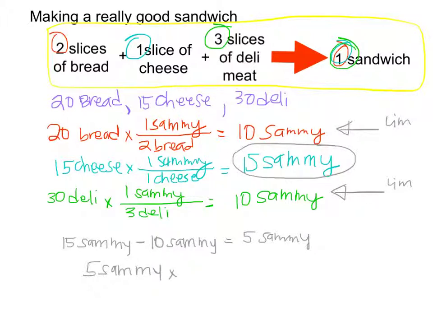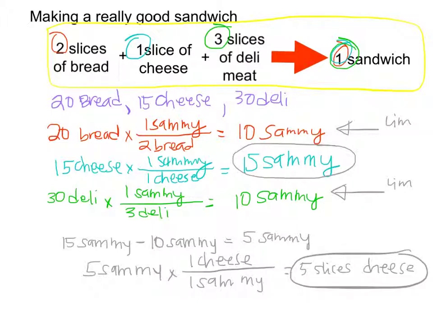And remember, this time we have to go backwards. For every slice of cheese, 1 cheese, I can make a sandwich. So I should have in the very end 5 slices of cheese left over. This is our excess ingredient.